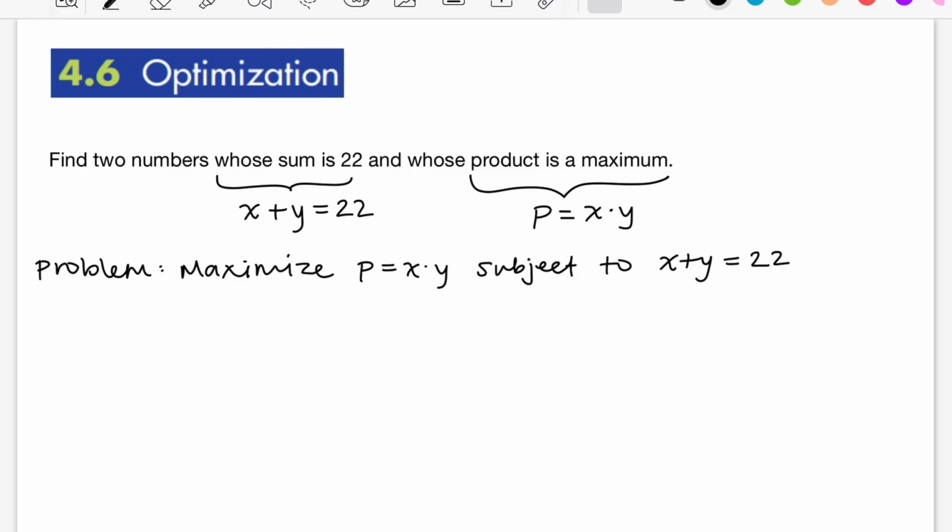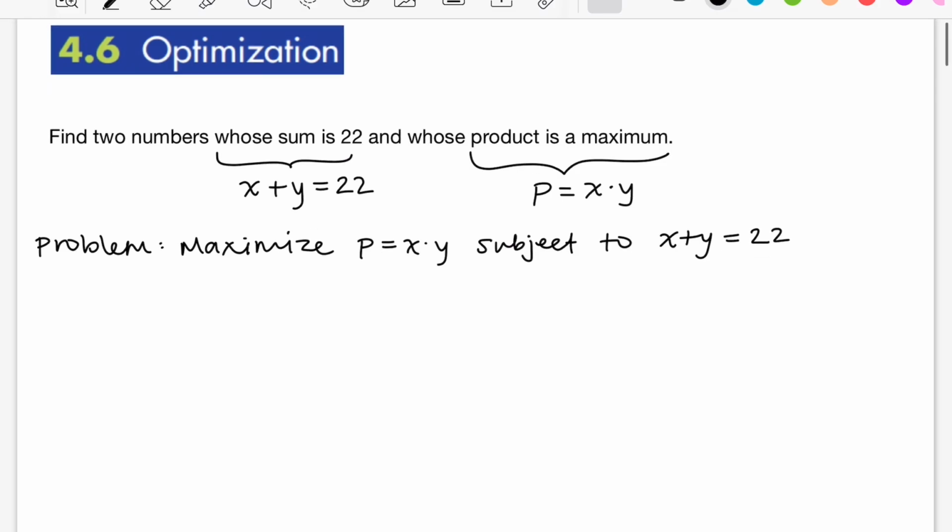The first step here is we want to deal with one variable. So we're going to rewrite the function that we want to maximize with just one variable. We're going to rewrite p in terms of x, and we can do so using this equation here.